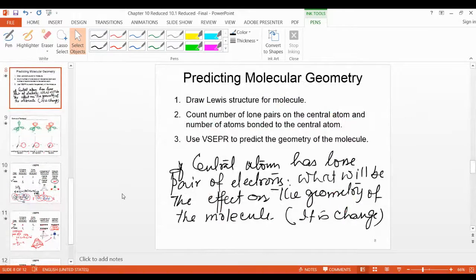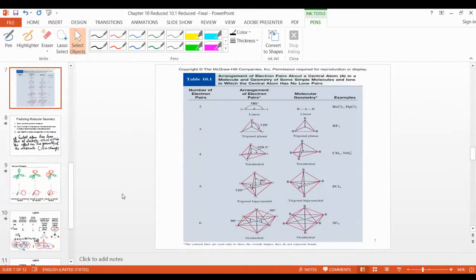And this one automatically, I told you, these 6 are without lone pairs of electrons on the central atom. You have to memorize it yourself. Number 1, linear. Number 2, trigonal planar. Number 3, tetrahedral. Number 4, trigonal bipyramidal. And number 5, octahedral.